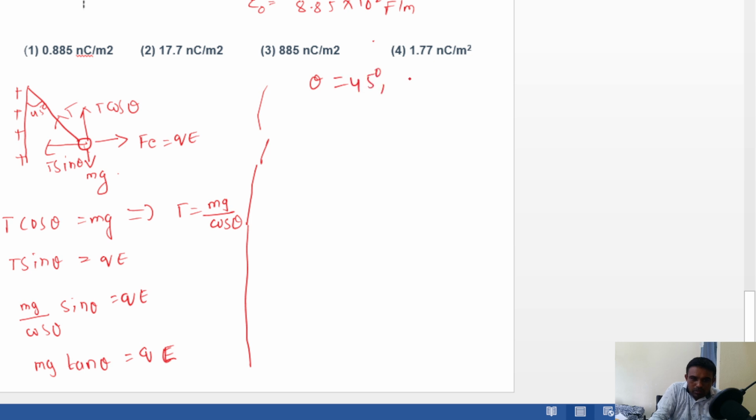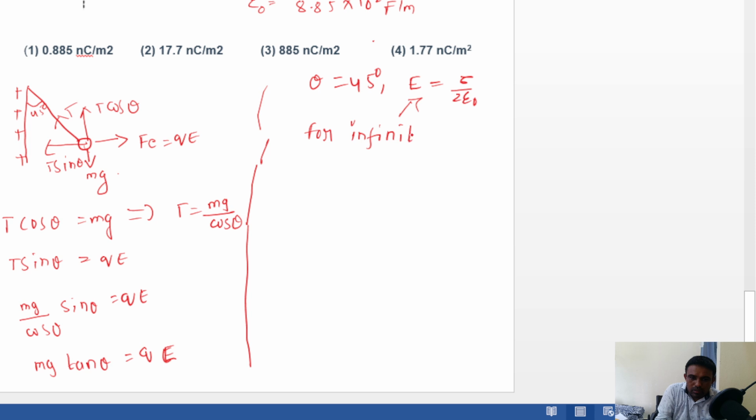Okay, so for an infinite sheet of charge, the electric field E is equal to sigma by 2 epsilon naught.